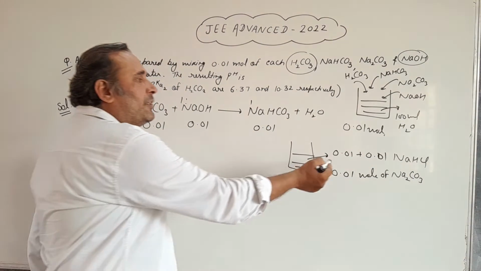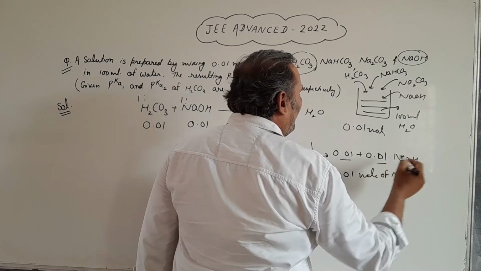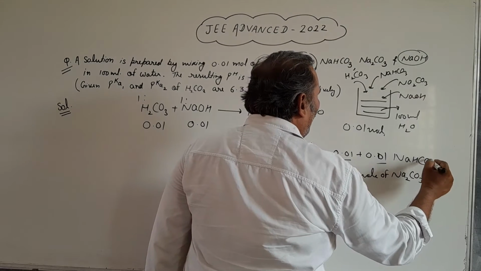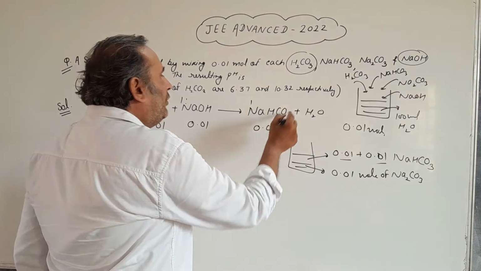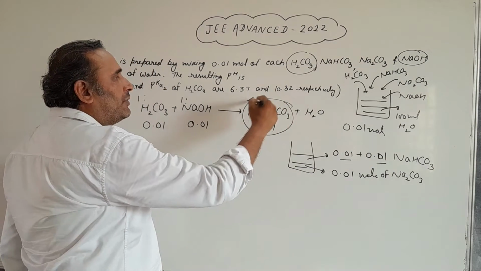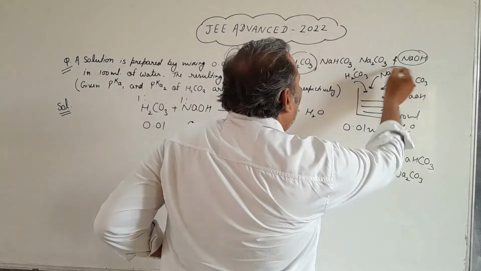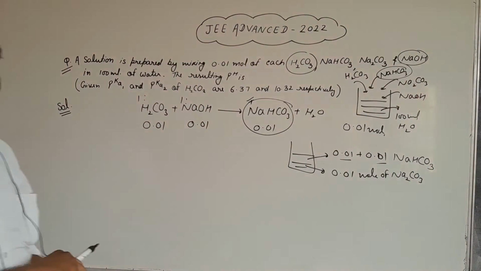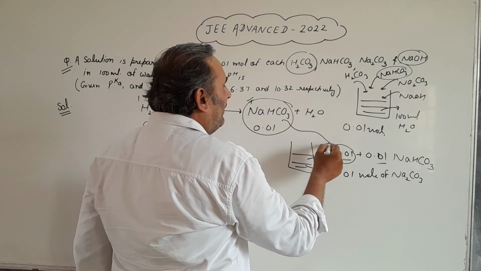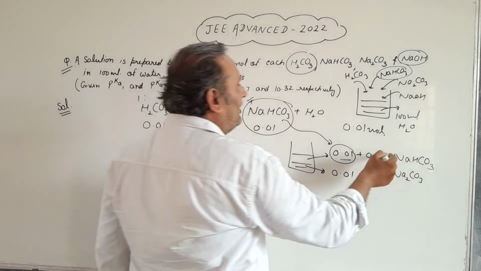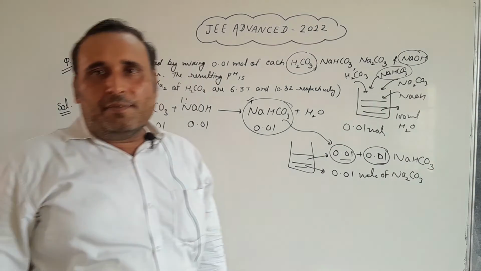Why I am writing like that? 0.01 plus 0.01 mole of NaHCO3, because we know 0.01 mole NaHCO3 is producing in this reaction, as well as we have also 0.01 mole of NaHCO3 in this solution initially. So this 0.01 mole of NaHCO3 we are getting from this reaction, and this 0.01 mole of NaHCO3 we are taking initially in the solution that is given in the question.